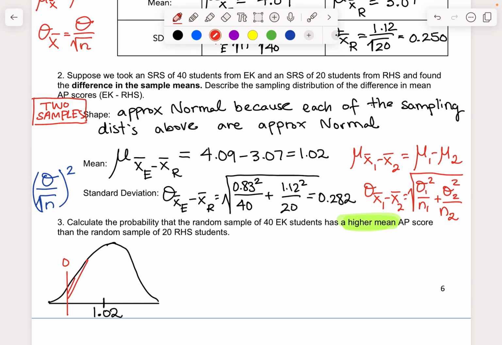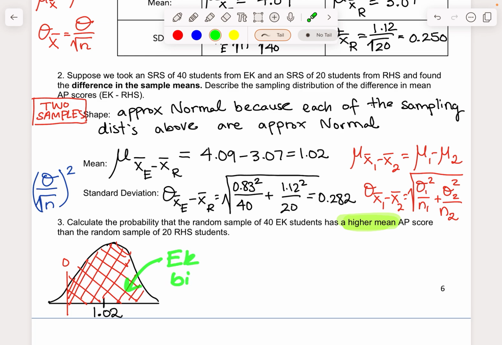So 0 is going to be our lower bound, and we're going to be looking at everything above 0. Again, why is that? Well, it's because this is the region where EK is bigger. Down here is the region where EK would be smaller, okay? This is why keeping track of the direction of the subtraction is very important.